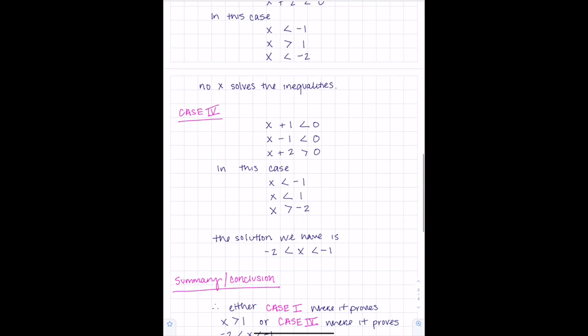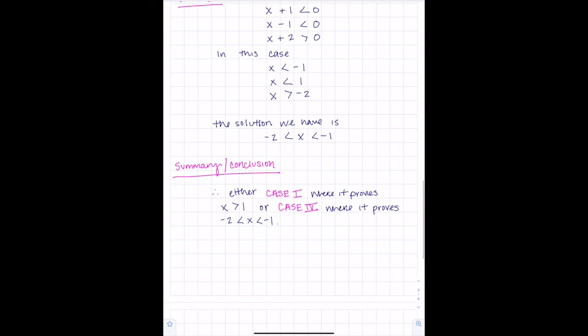And in case 4, x plus 1 is less than 0, x minus 1 is less than 0, and x plus 2 is greater than 0. In this case, x is less than negative 1, x is less than 1, and x is greater than negative 2. And the solution we have then is negative 2 is less than x and less than negative 1.